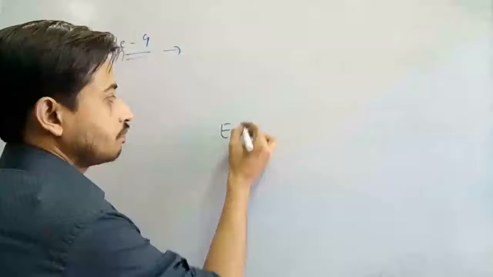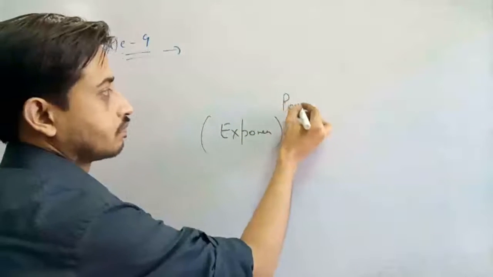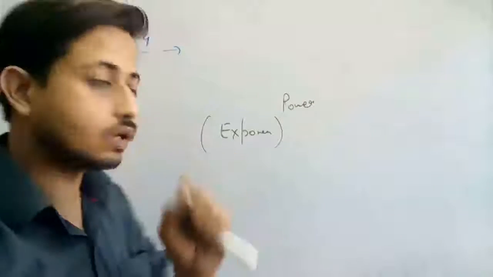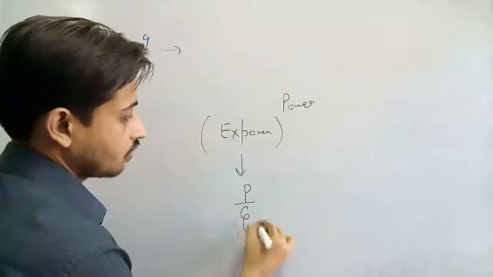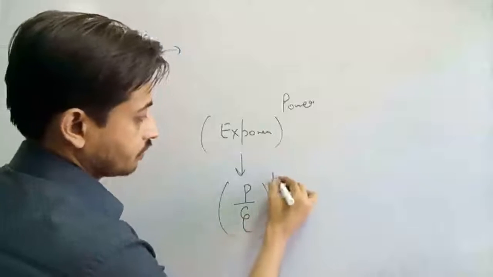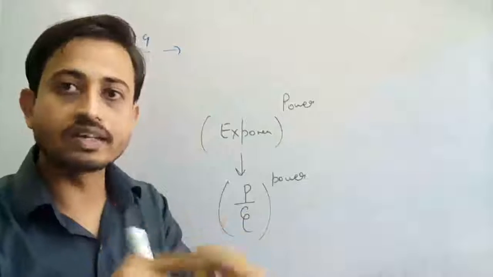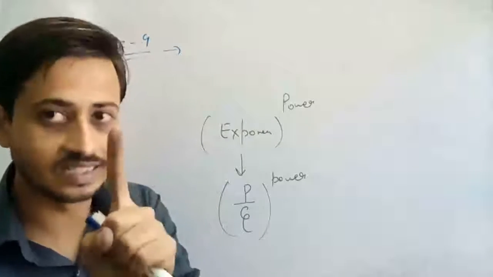If you have a term whose base is in the form of p by q, with some power, and you take the reciprocal of that base, then the sign of the power gets changed.